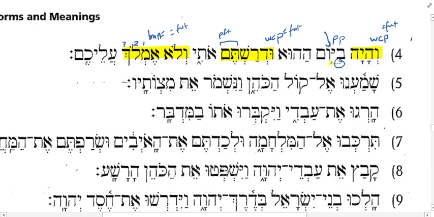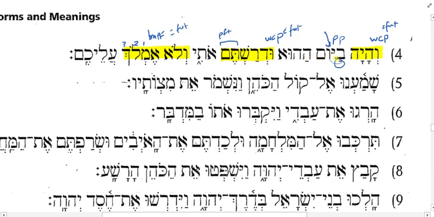Preposition bet normally comes with what under it? Yeah, normal pointing for an inseparable preposition bet is vocal shiva. So I'm missing a hey. The article hey has been swallowed, but its pathak and doubling dot are still hanging out of the mouth of the bet. Okay? So it's really hayom, hahu, with the bet swallowing the hey of hayom.